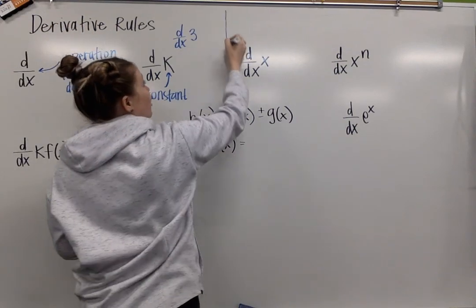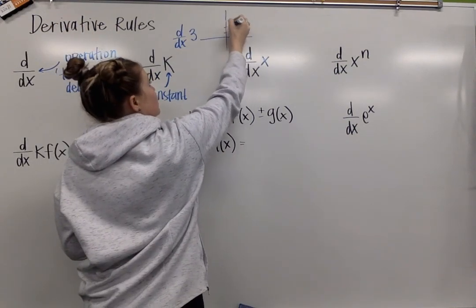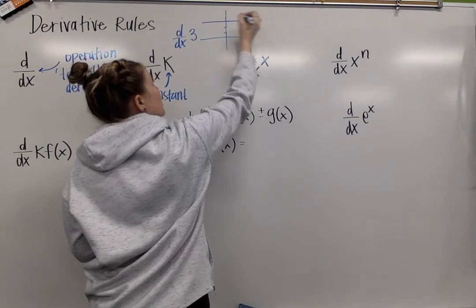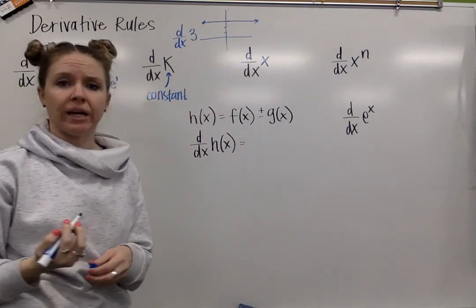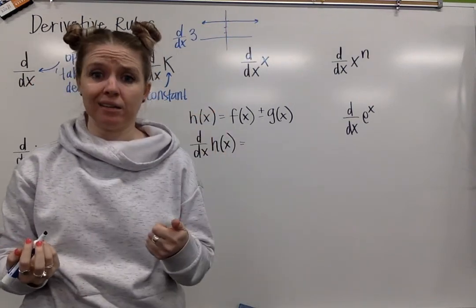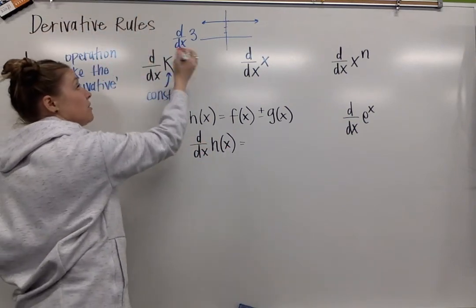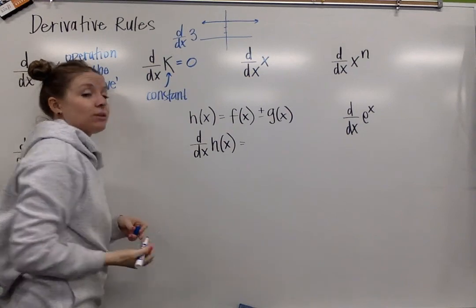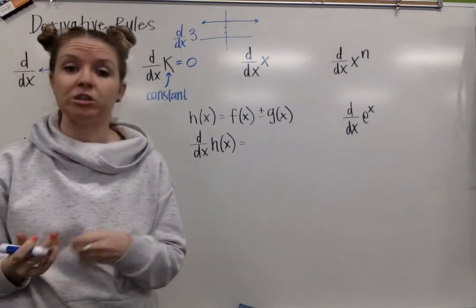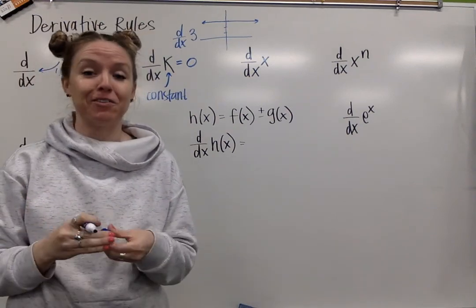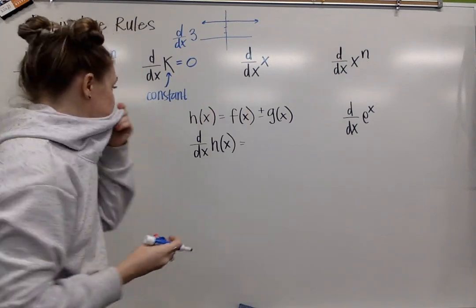If we were to look at that graphically, 1, 2, 3, this is just a horizontal line at y equals 3. What's the slope on that thing? It's flat, no slope. Anytime you take the derivative of a constant, that derivative is equal to 0, which is nice. We like taking those derivatives because they just kind of disappear.